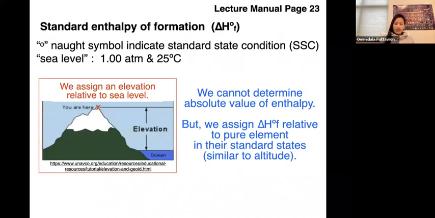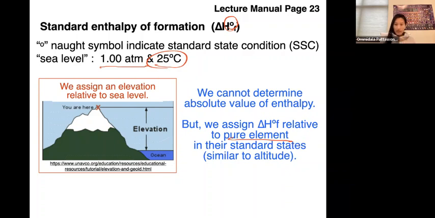You see the naught sign, as in the previous video, is a symbol indicating the standard state condition, which is 1 atm pressure and a temperature of 25 degrees Celsius. The reason we need a standard state condition is that it is set as a reference point, and we use pure elements to set that reference point.